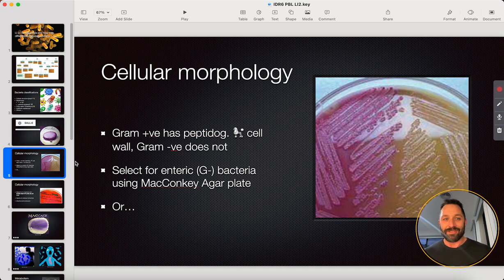Cellular morphology, first of all, so Gram positive means that there's peptidoglycan in the bacterial cell wall. If it's Gram negative, then it doesn't have that peptidoglycan that can be stained.